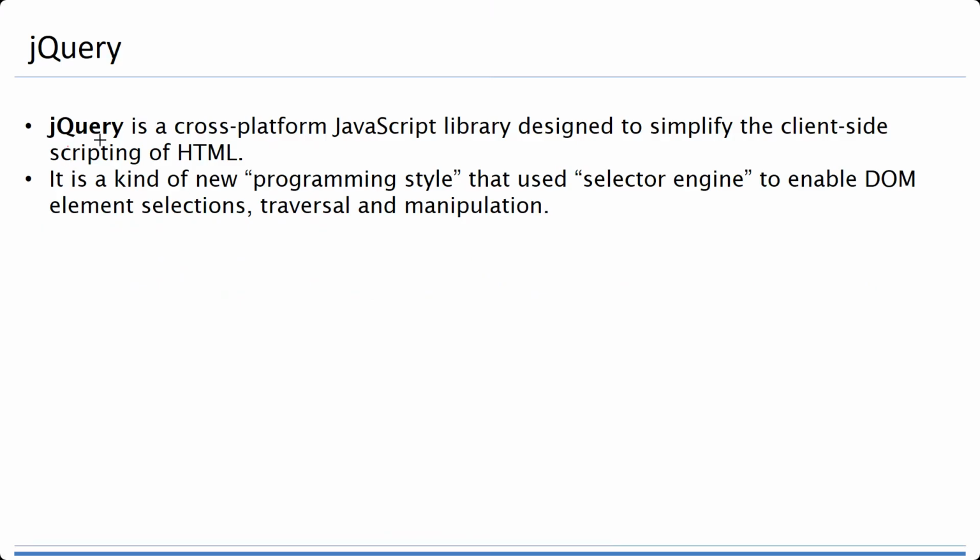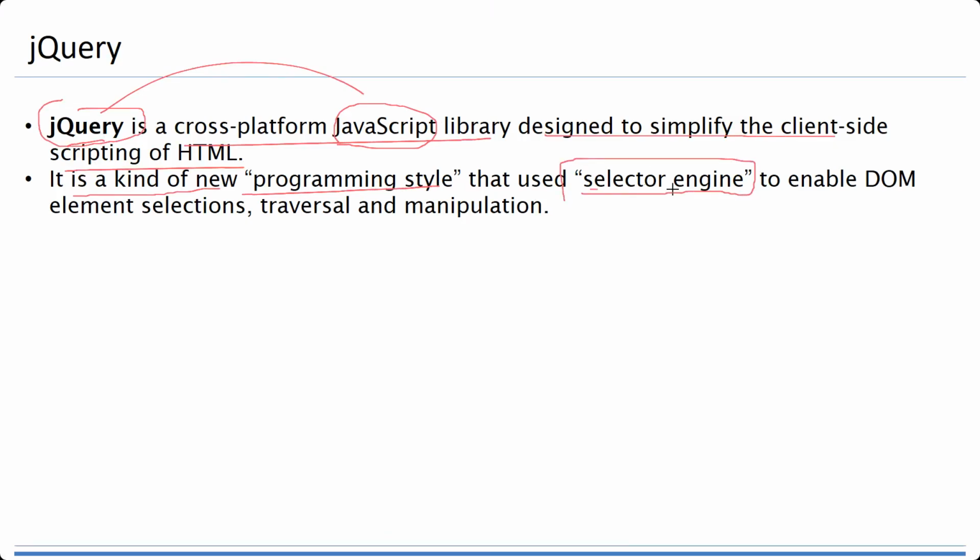The jQuery is a cross-platform JavaScript library designed to simplify the client side of HTML. So whenever you use the JavaScript, yeah, the jQuery is available for you. It is a kind of new programming style that uses a selector engine.